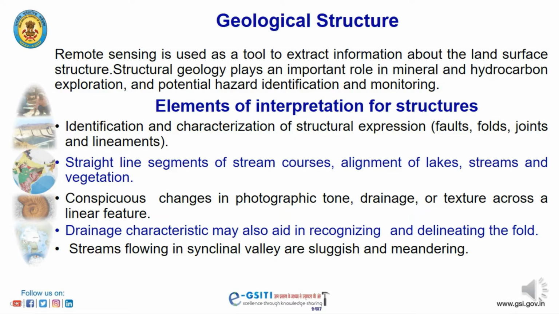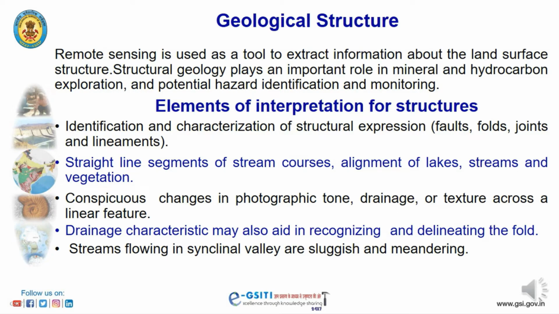Straight line segments of stream courses, alignment of lakes or water bodies, streams and vegetation are widely used to interpret the structural anomaly from a satellite imagery. Sudden change in photographic tone, anomaly of drainage, textural difference, presence of linear features are some of the characteristic features to identify structure from remote sensing data.